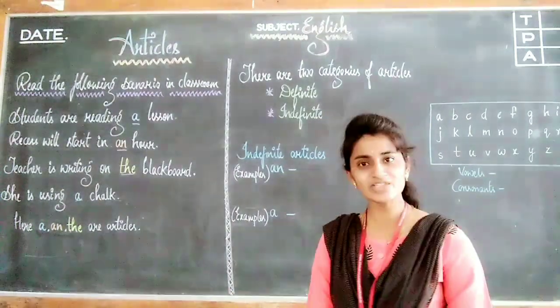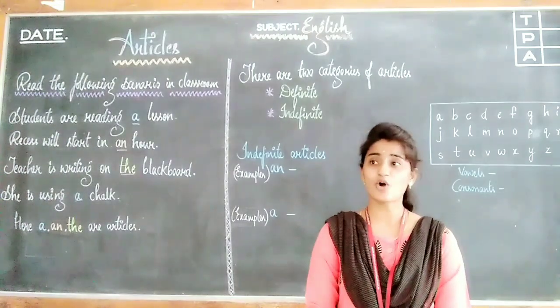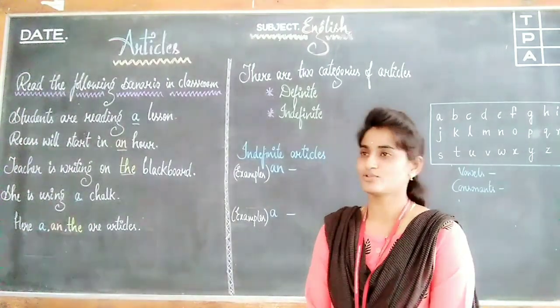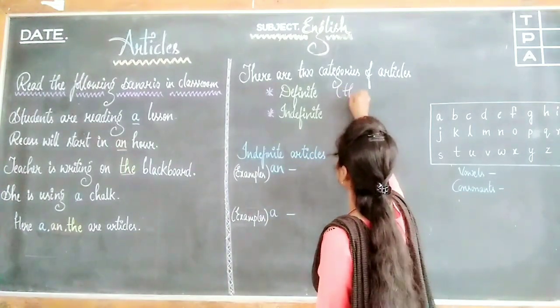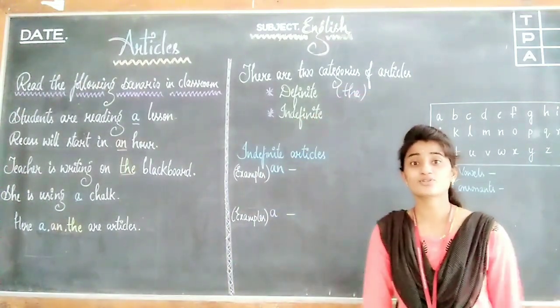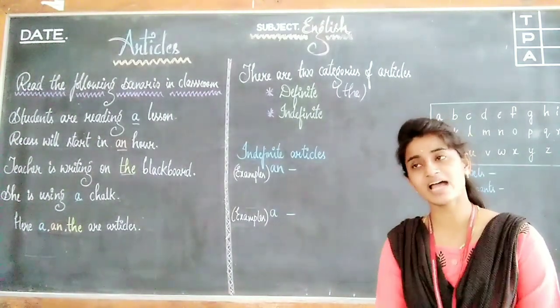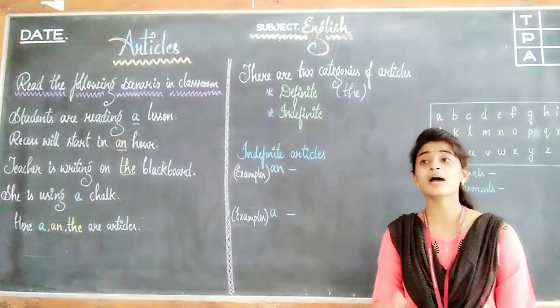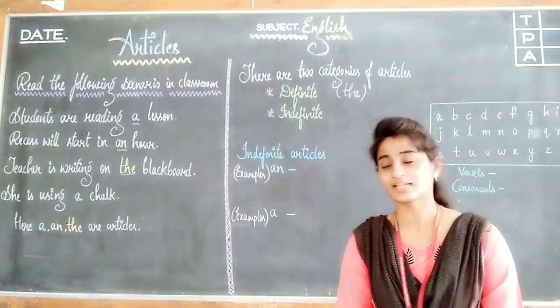So now can you say, children, which among these is used to point to a particular object, place or thing? So the is the definite article. So we are using the. This is called the definite article, which is used to point to the particular thing, person or object.